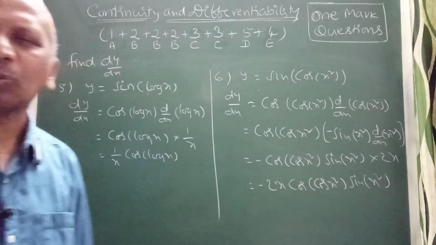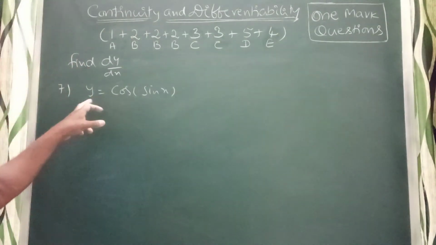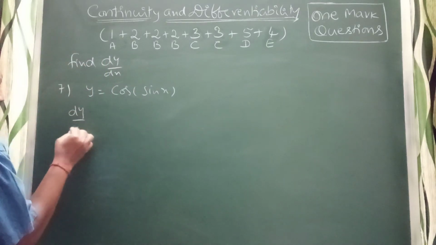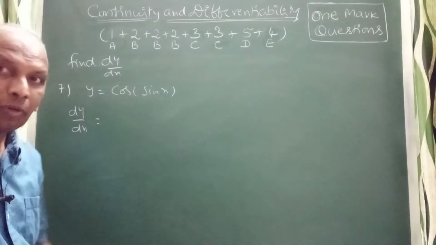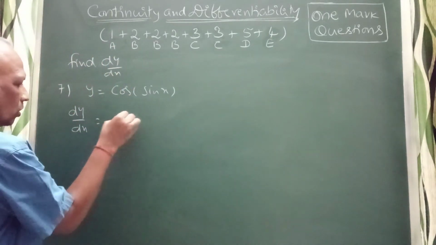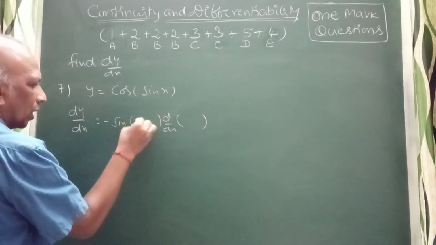Now we'll explain the next problem. See this problem: given y equal to cos of sin x, find dy by dx. Derivative of cos x is minus sin x. So you write minus sin of something into d by dx of something. So here you should write sin x.